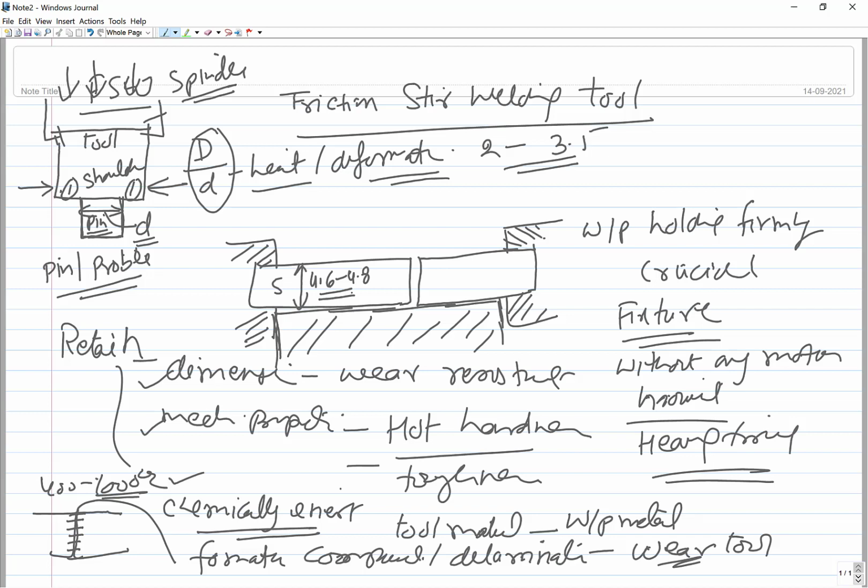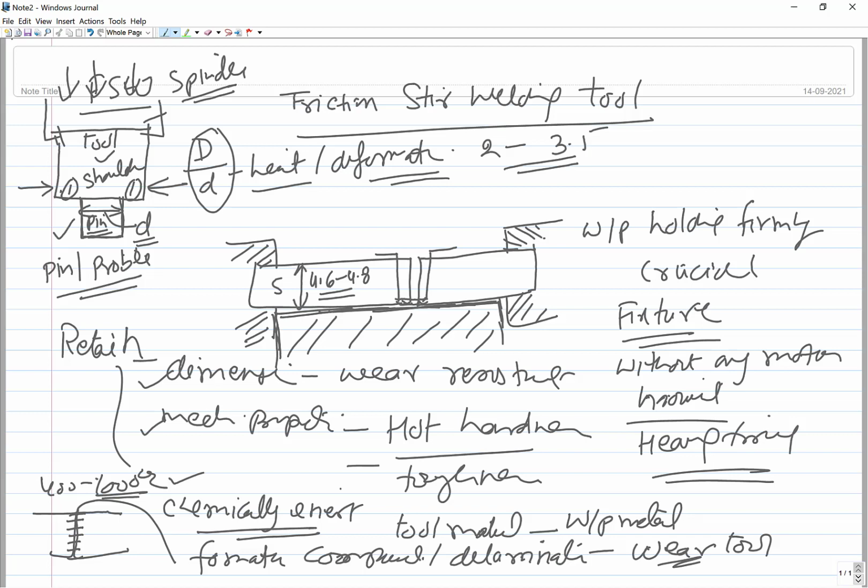So that the tool pin penetrates deep enough into the plates which are to be joined, and so that there is no direct contact between the anvil or the supporting base metal, and enough heat is generated to cause softening as well as deformation of the metal below the tool pin, so that through-thickness penetration is realized and the joint is developed accordingly. Okay, so that is about the tool shoulder and the tool pin.